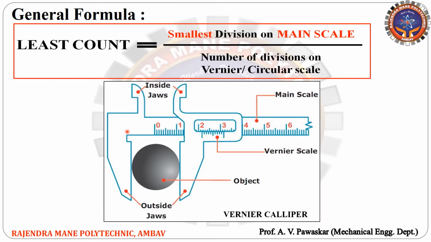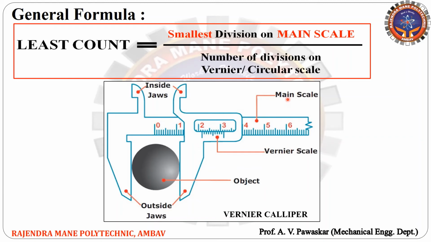On the fixed jaw there is a scale, which is called the main scale. And on the movable jaw there is a window having markings or scale, which is called the Vernier scale.